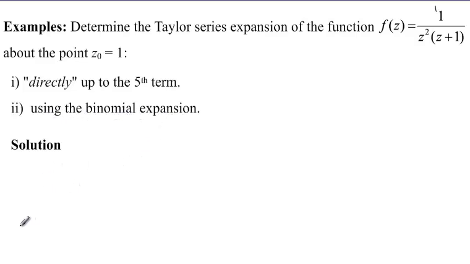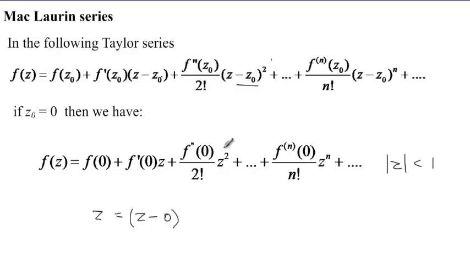Now, at this point here, by directly, directly means that we must use the derivatives, as you saw. The power series here are defined by means of derivatives divided by the factorials, like 1 factorial, 2 factorial, n factorial, and so on.